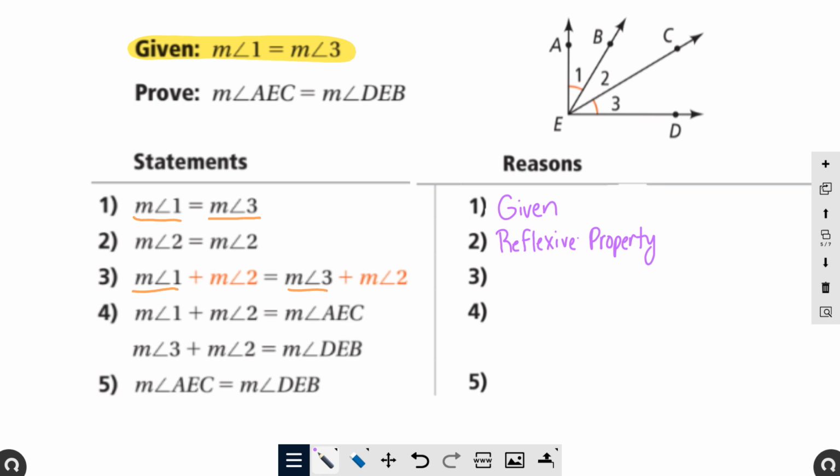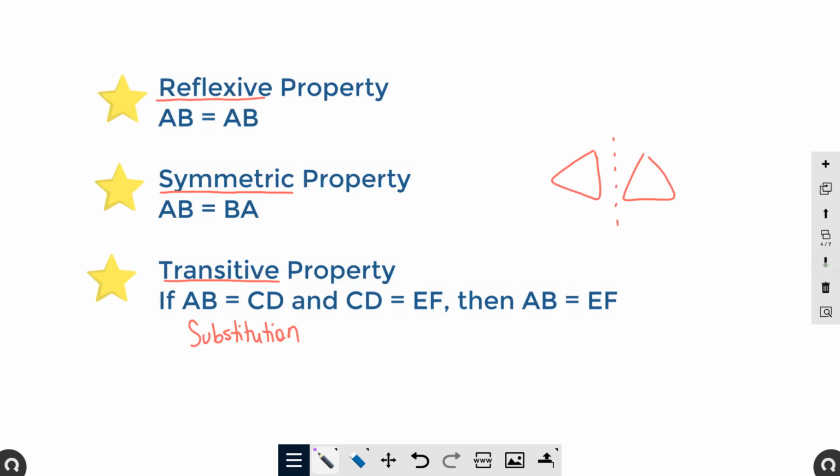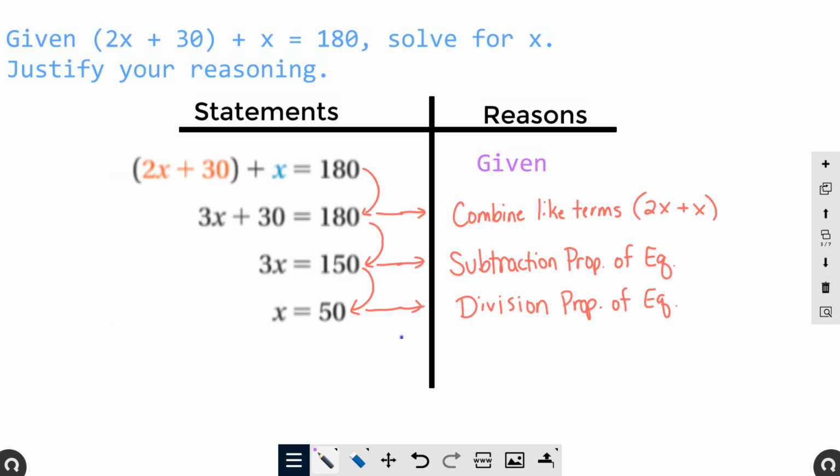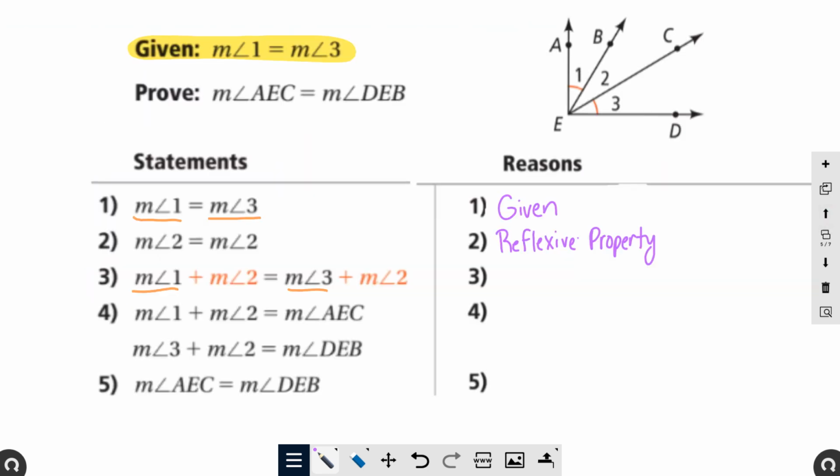We did it before on this one. It's the addition property of equality. Yep. And again, that one is pretty hard to see, but if you think about what's different, there's that added angle 2 on both sides. So we added the same thing on both sides. So anytime you do that, it's the addition property of equality.